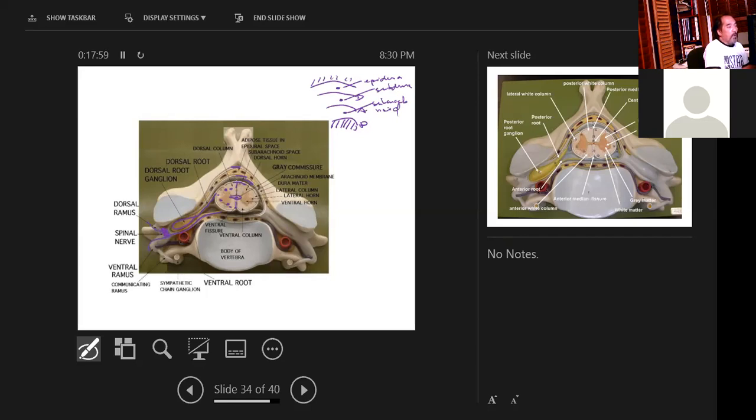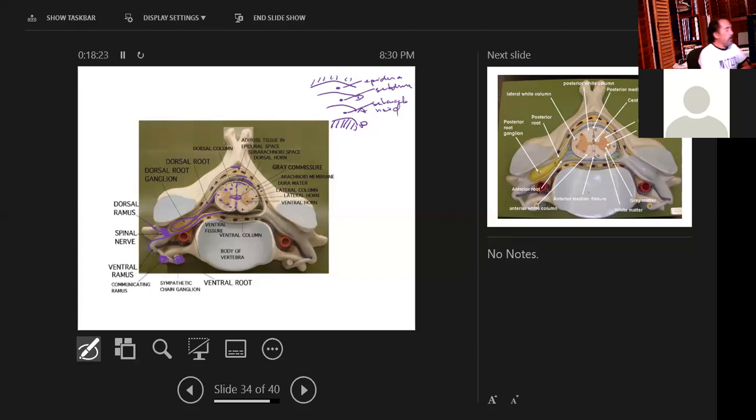Remember, the spinal nerve, the dorsal ramus, and the ventral ramus all have motor and sensory. The only thing that's separated here is the dorsal root and the ventral root. Then we have the sympathetic chain ganglion connected by the ventral ramus called the rami communicantes. This is going to be part of the autonomic nervous system.